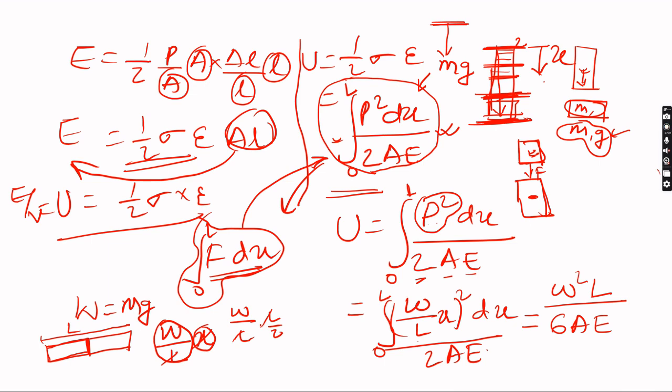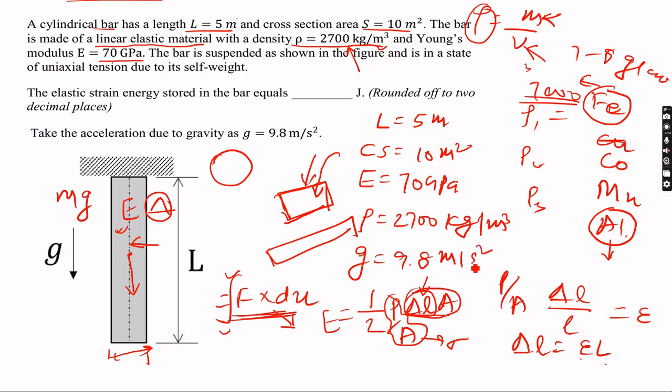Okay, thank you. Now you come to the final, meaning what they are asking in the question. L is given, E is given, A is given. Now W is not given. I told you initially why rho is given. There is some purpose of rho, and that purpose we figure out.